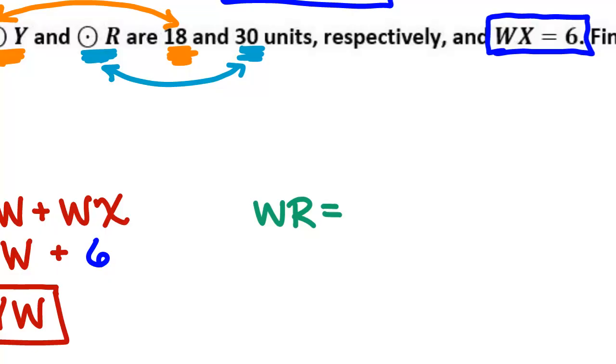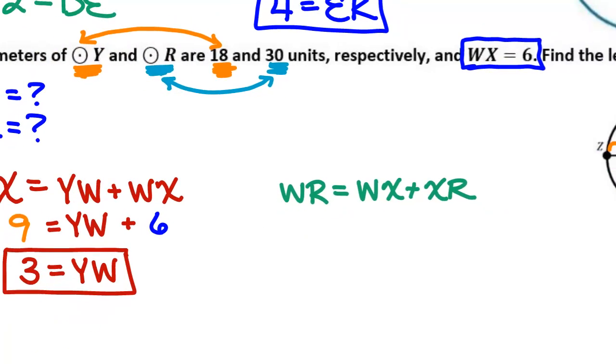From W to R, WX and XR. Do we know how big any of those segments are? Which ones do we know? WX is 6. Remember, right here it says WX is 6. Do we know how big XR is? No, we don't know how big XR is.